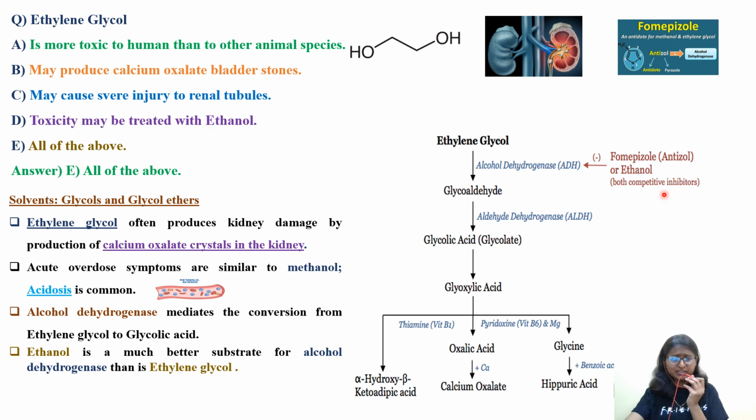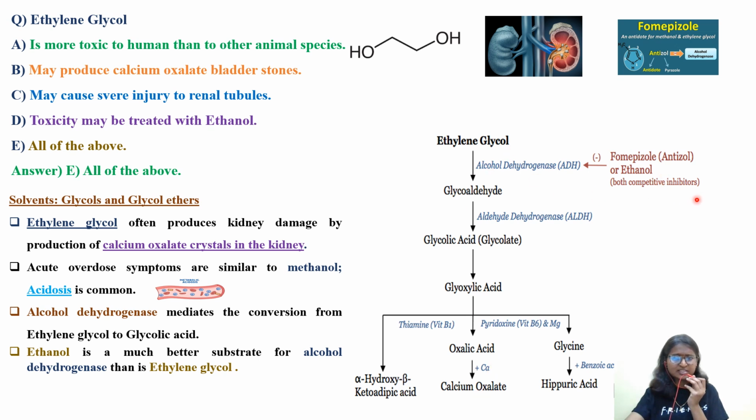The physician treats that patient by giving ethanol, because ethanol acts as a competitive inhibitor with ethylene glycol. Alcohol dehydrogenase is a common enzyme; it will metabolize both ethylene glycol and ethanol. If both solvents are in your body, alcohol dehydrogenase favors ethanol rather than ethylene glycol. As a result, there will be no formation of the toxic metabolites, particularly oxalic acid and calcium oxalate. So you can treat ethylene glycol poisoning with ethanol.